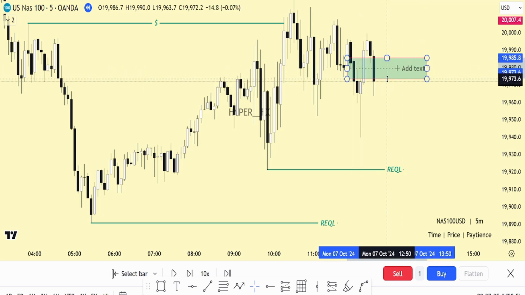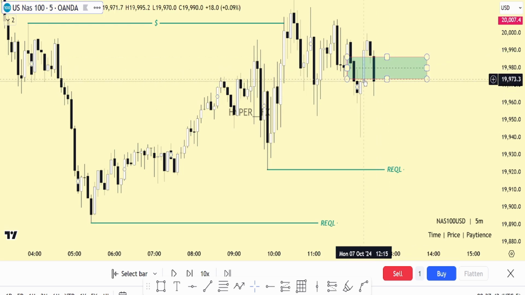So why is it an inversion fair value gap? The reason it is an inversion fair value gap is because the high of this white candle and the low of this third white candle did not touch, which means there was only buy side delivery right here.